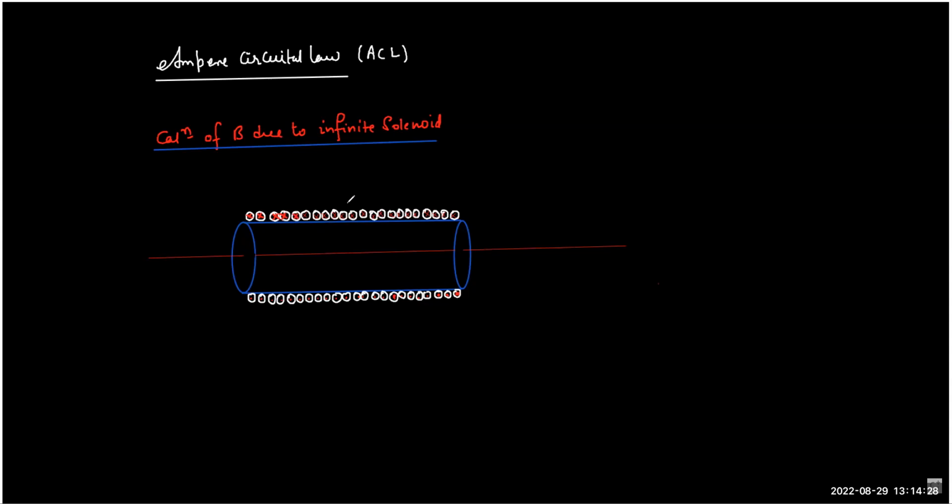So now what happens? It will create a uniform magnetic field, as we know, inside its volume. So the inner part of the volume will have a uniform field.